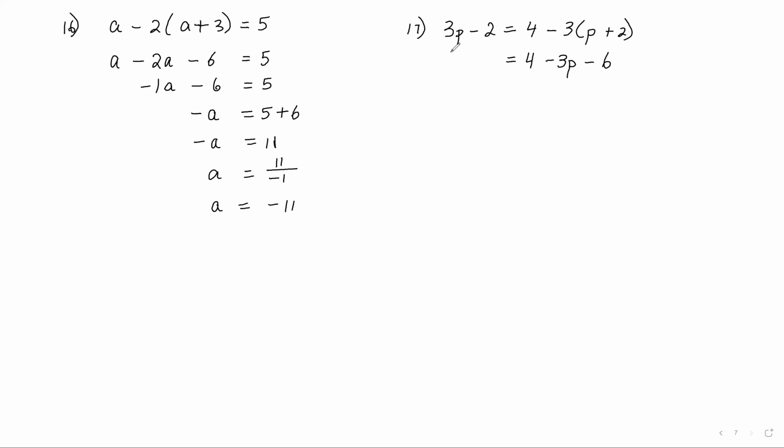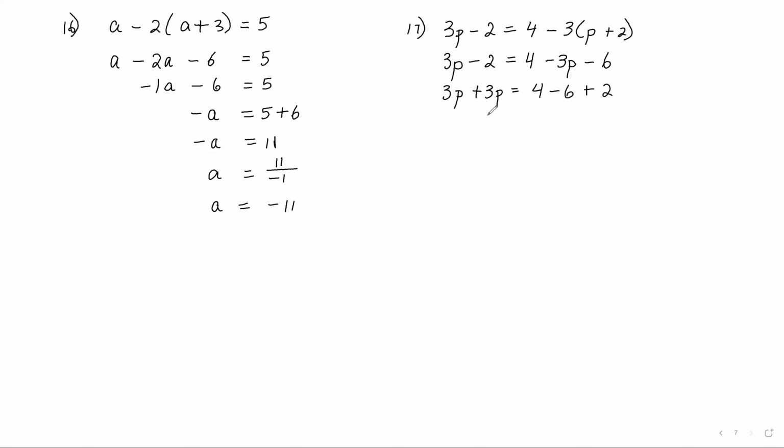Good. And now we can just bring down the left side. And from here, we just have to carry over. So I would carry over the 2. So that would be positive 2 on the other side. So we carry over the 3p to the other side. So that would be plus 3p.